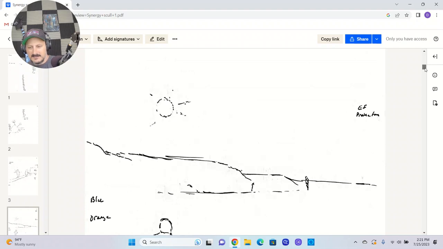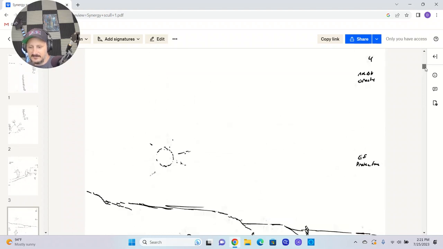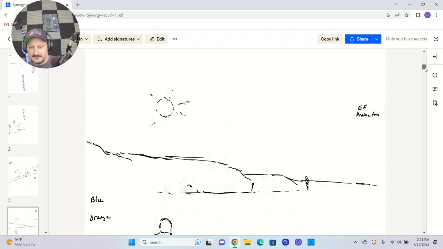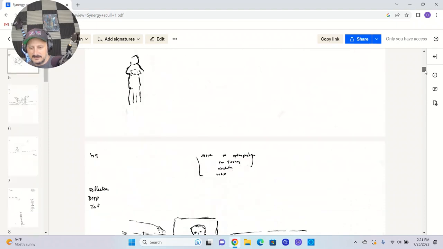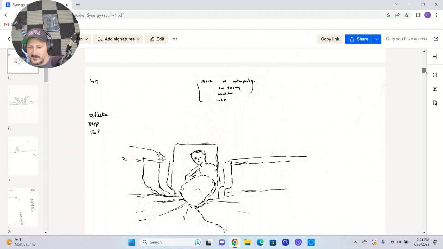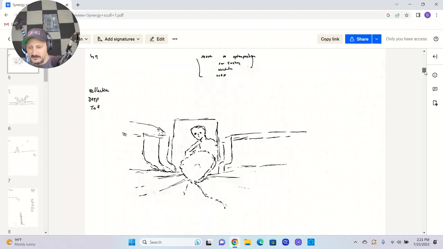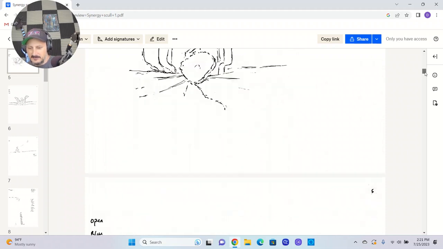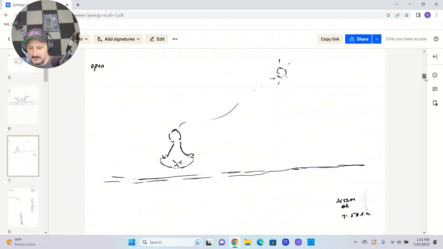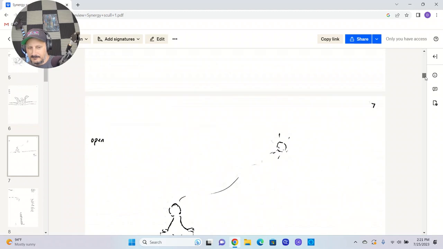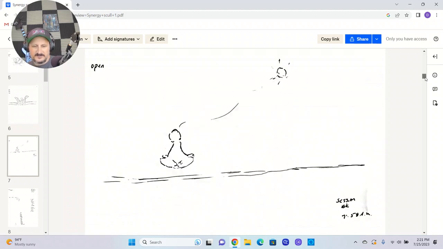So I've got just this shiny object, okay, and again, moving it around. This came up quite a few times as far as sketching goes.